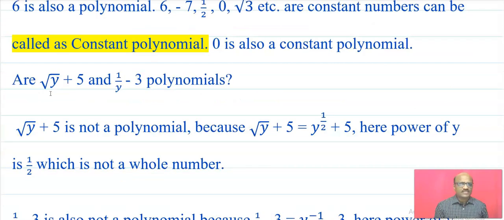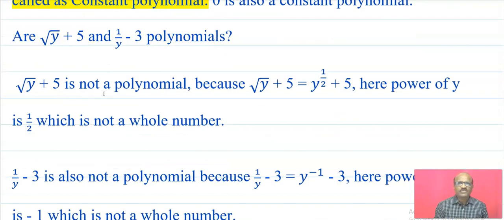Now the next: root y plus 5 and 1 upon y minus 3 are not polynomials. Why is root y plus 5 not a polynomial? Root y is written as y raised to 1 upon 2, plus 5.